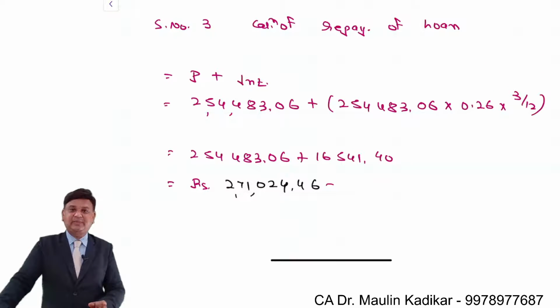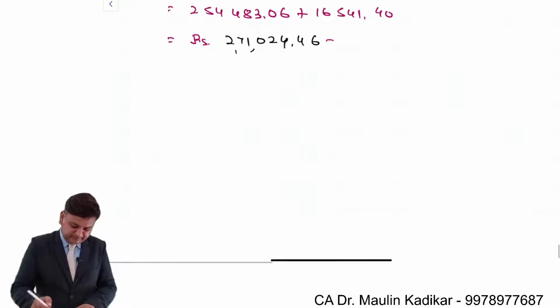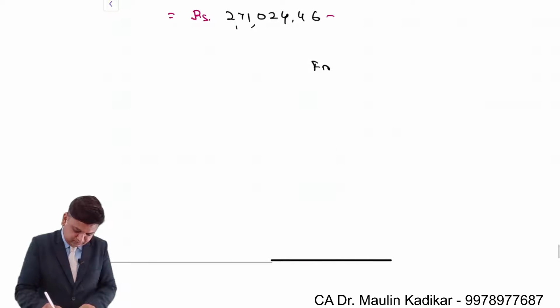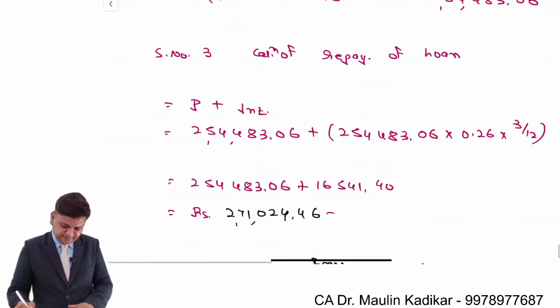This is the way we will have the repayment of the loan, which is supposed to be compared with the first alternative. So now we are required to make both of them comparable. Money market hedge: 2,71,024.46.